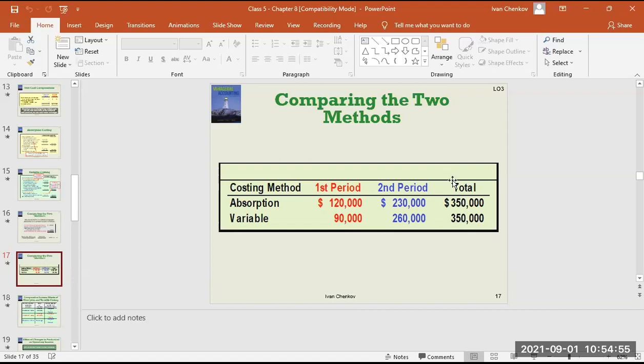Overall, if we start with zero inventory, remember here the inventory in the first period was zero in the beginning, and in the second year, at the end of the period, the inventory is zero. Once we go from 0 to 0, we're going to generate the same income under both methods.